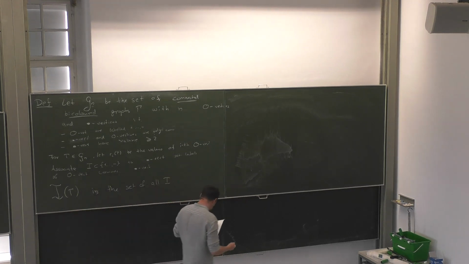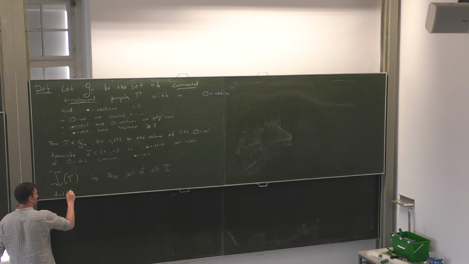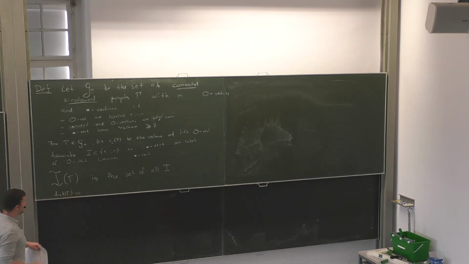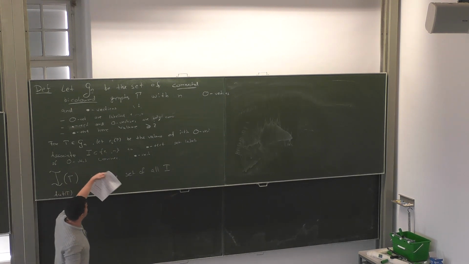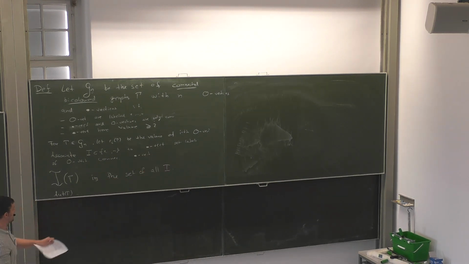Maybe a last comment: there's the notion of an automorphism of these graphs, which preserves the structure, preserves these labelings, and swaps the edges.